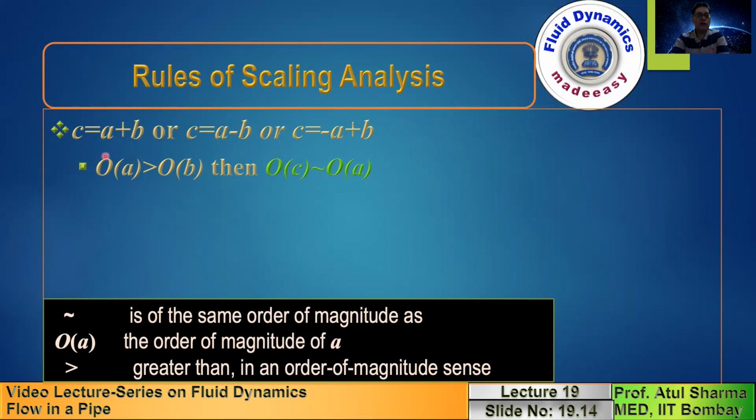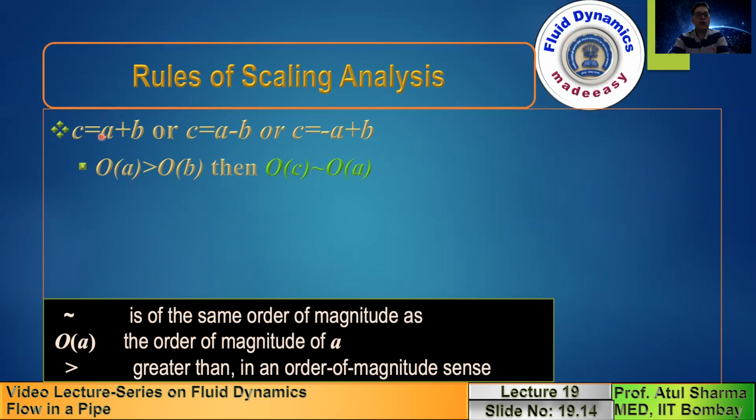So 115 plus 10 makes 125. The order of C, which is 125, is almost the same as the order of A.